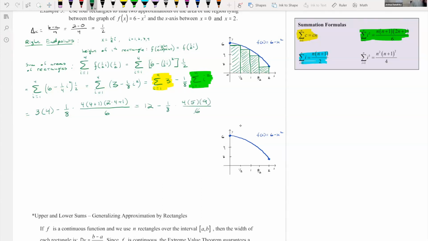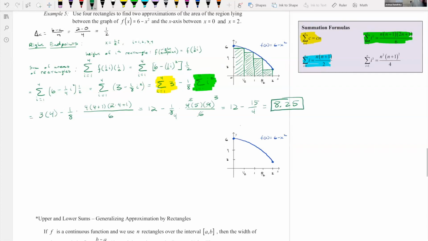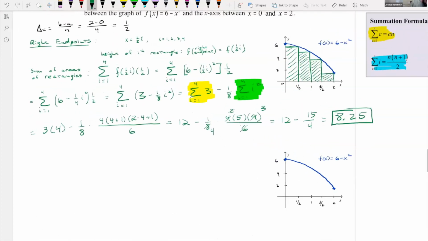We can cancel a little bit. Here we get a 3, here we get a 2. We can cancel here, we get a 4. So now we have 12 minus, what is that, 15 over 4, which is going to give us exactly 8.25. So there is our first approximation using right endpoints.